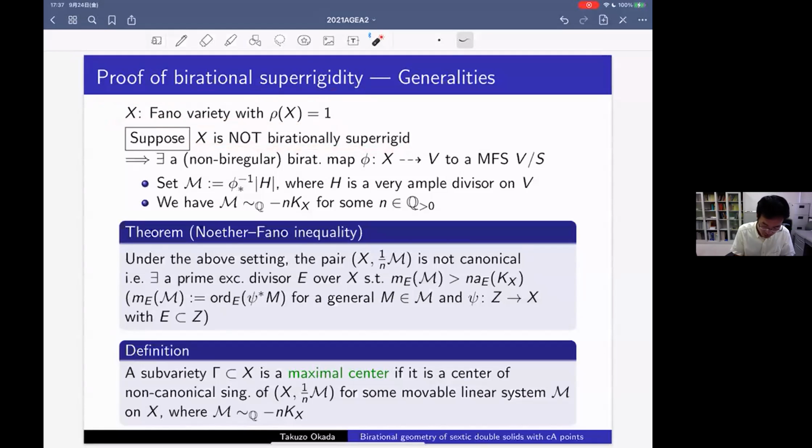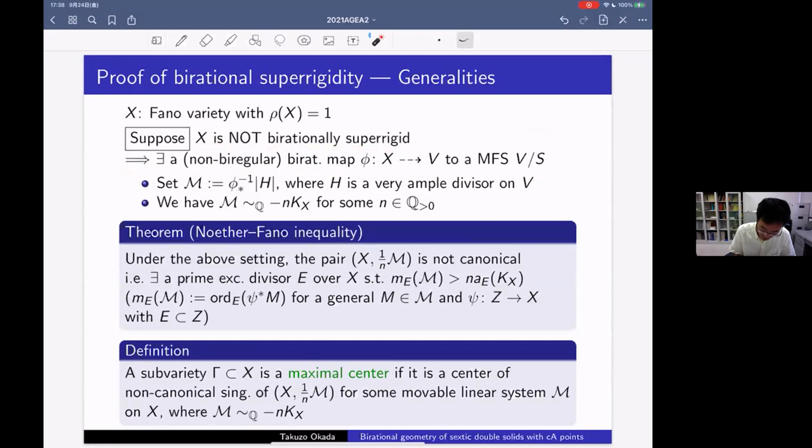So suppose X is not superrigid, then by definition, there exists a birational map to some modifiable space, which is not biregular. Okay, assume this situation.